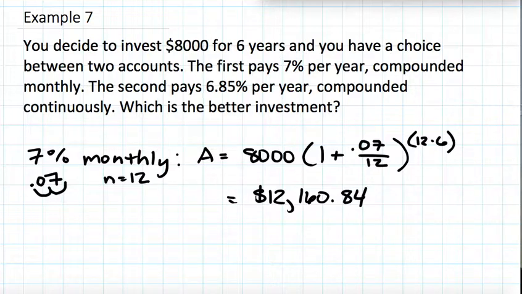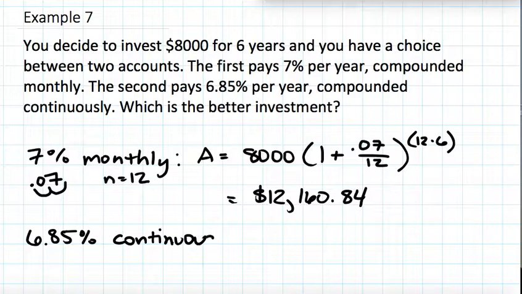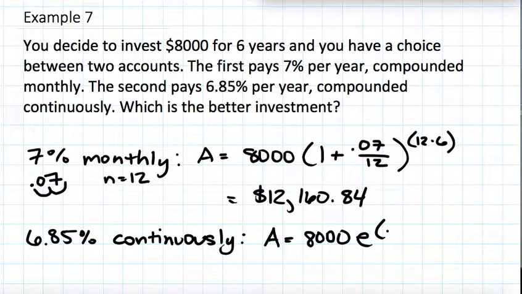Now I'm going to do the 6.85% compounded continuously. Continuously means I use the PERT formula. So 8,000 times e to the, now 6.85, sometimes people have trouble with interest rates when they already have a decimal point in them. You still need to convert that to a decimal by moving the decimal point 2 places.